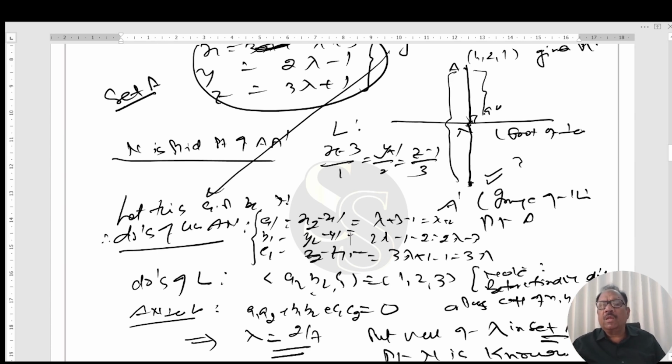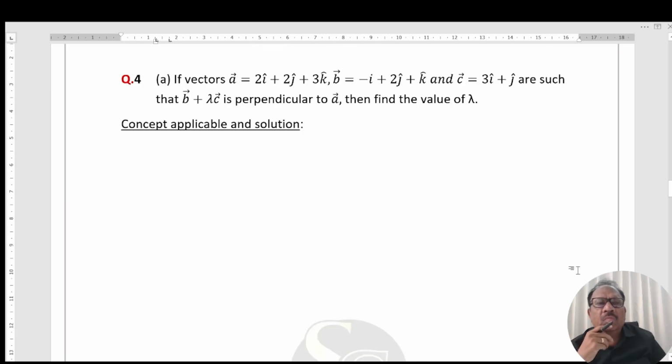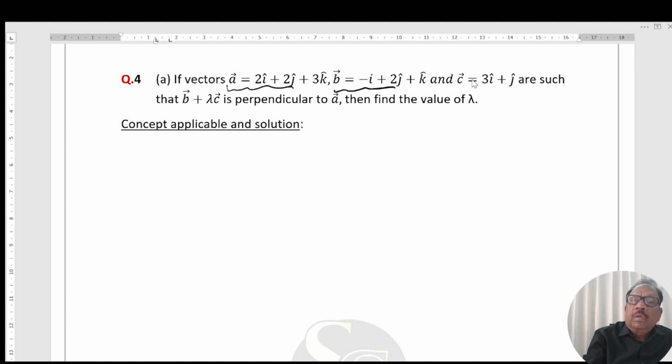Next question. Question is, if vectors A, B, C are such that B plus lambda C is perpendicular to A. First of all, I will discuss the vector formulas.